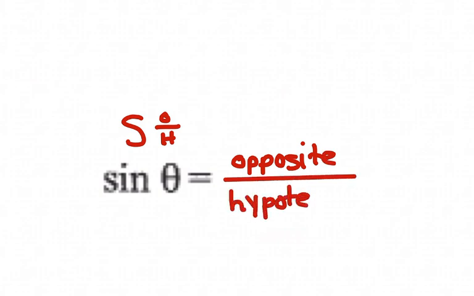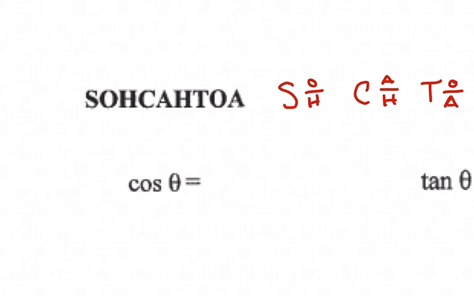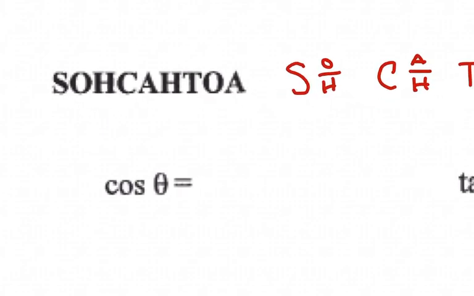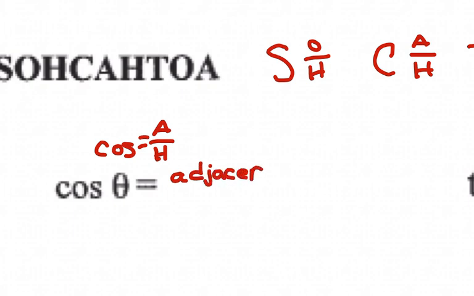So in order to find an angle, and let's say you're given two sides and it's opposite or hypotenuse, you would use sine here. So sine is just opposite over hypotenuse. Cos, or that's short for cosine, if I look, it's A over H. So A stands for adjacent and H stands for hypotenuse.